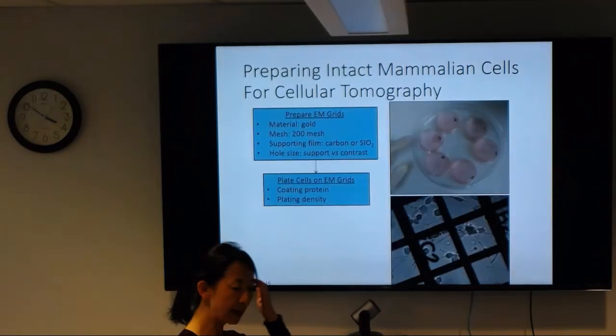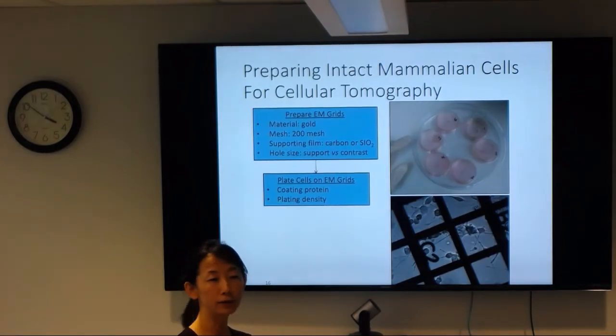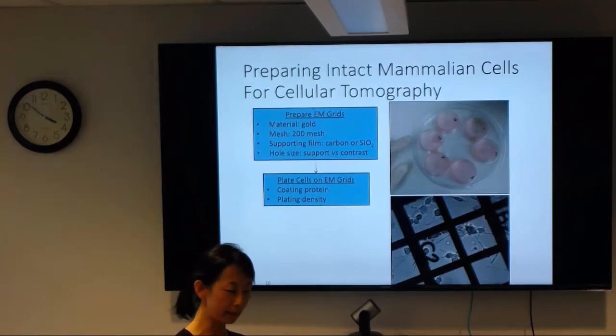Once you have that, you very often have to apply some coating protein to the EM grid so that the cells can grow happier. Because generally speaking, cells don't like metal as much as they like the flasks. So they grow slightly slower and not as healthy as they are in flasks. So you have to treat the surface a little bit to make them slightly happier.